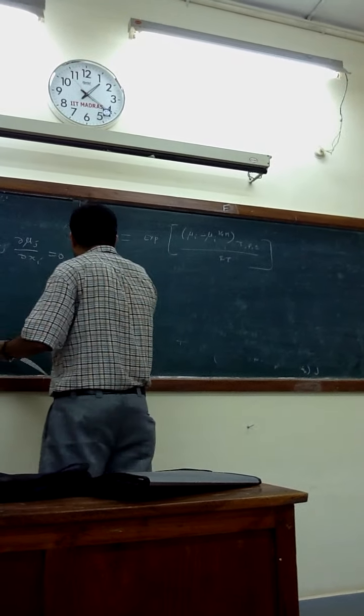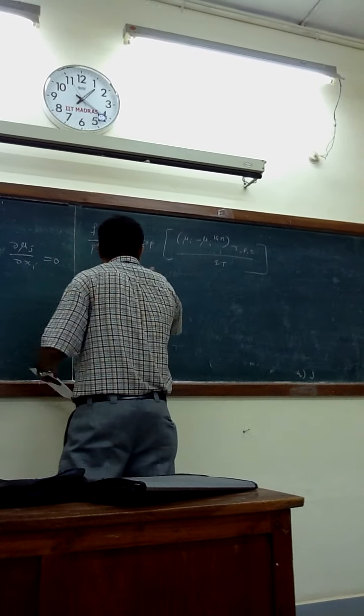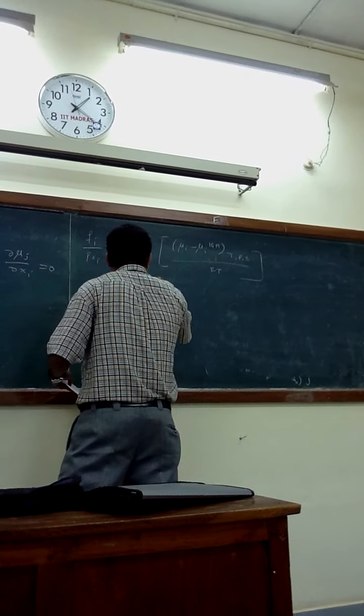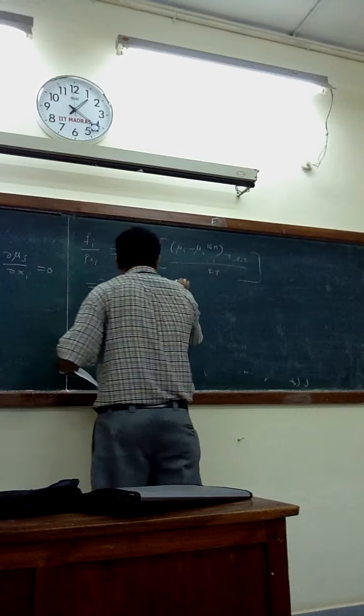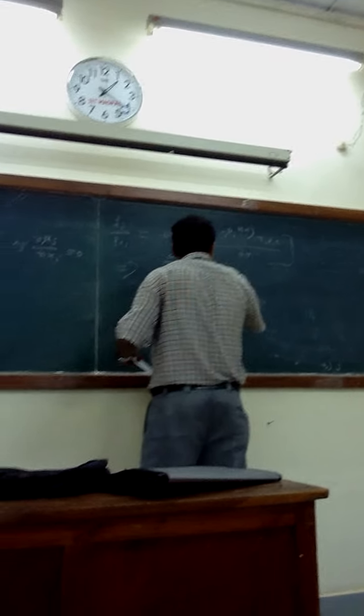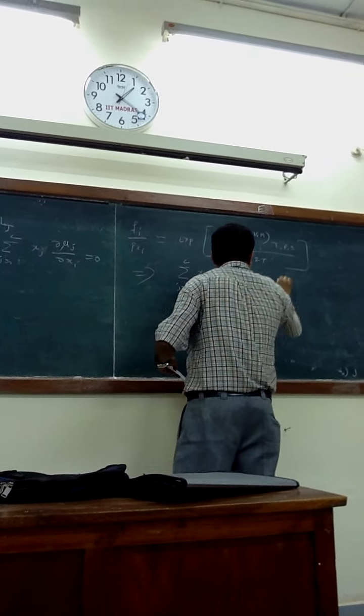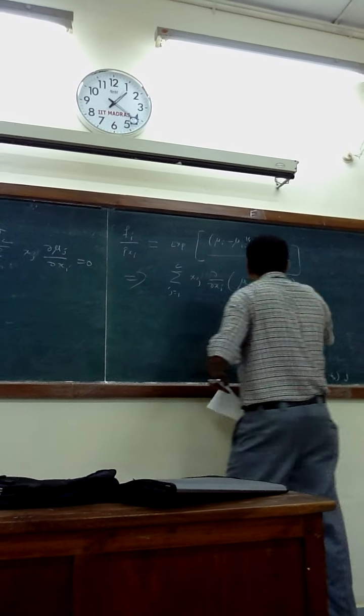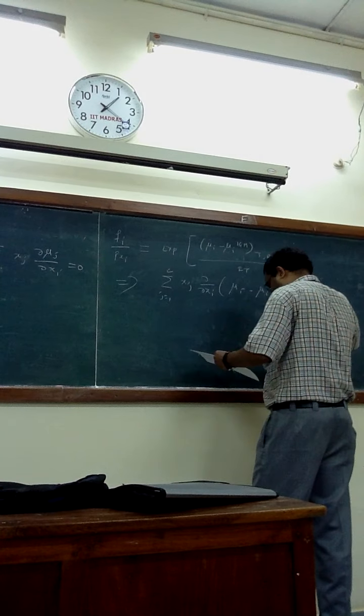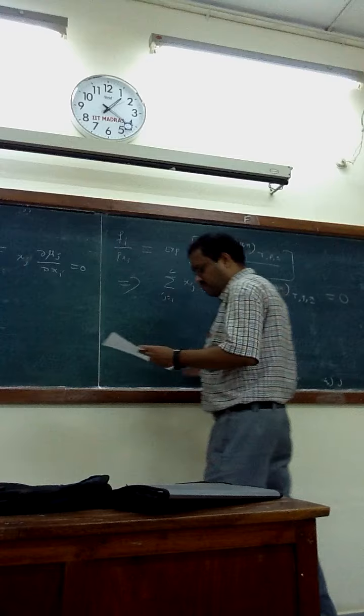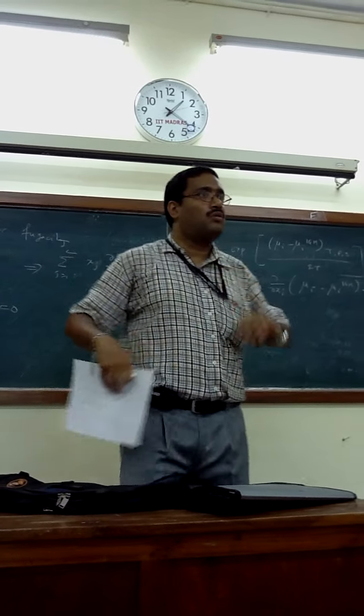So from here, can we write summation j equals 1 to C, xj dou by dou xi of mu j minus mu j igm at p, x bar equals 0? Can I write that? Yes or no?